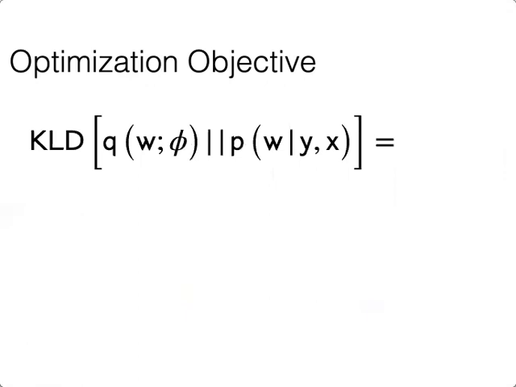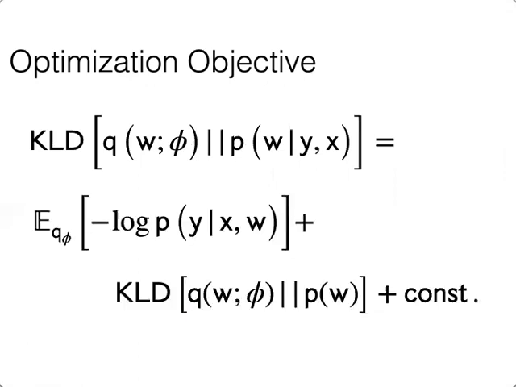Some simple algebra shows that this KL divergence can be written as this equation, where we have the negative log likelihood with an expectation over the Q distribution, plus the KL divergence between the posterior approximation and the prior, plus a constant that will go away when we take derivatives. So we don't need to worry about it, but it involves the marginal likelihood.